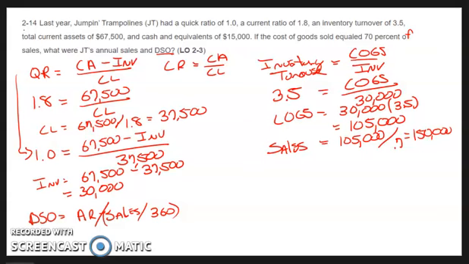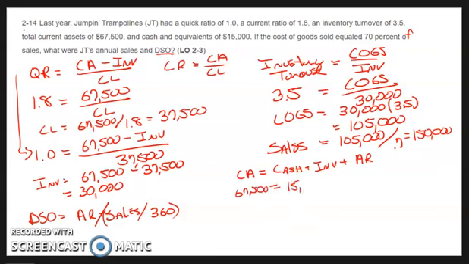So the current assets is equal to cash plus inventory plus accounts receivable. We know that current assets are 67,500.